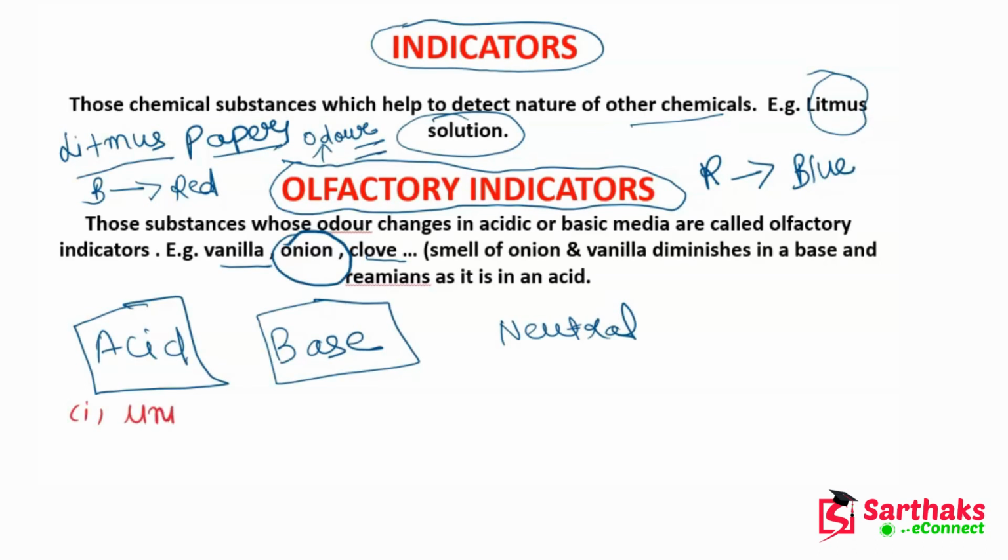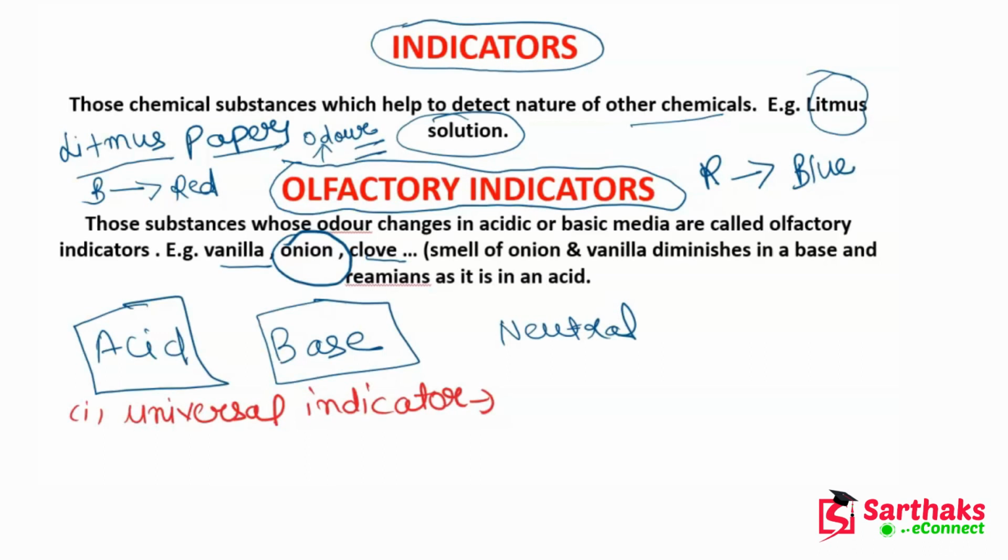Universal indicator. Let me write it here. Now what are the universal indicators? These types of indicators not only detect the nature of other chemicals but also determine their acidic or basic strength.